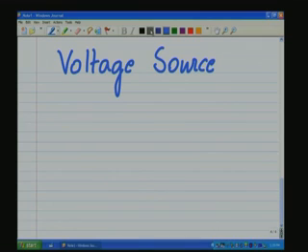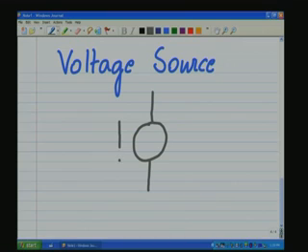The voltage source is symbolically represented by a circular symbol with two terminal leads coming out of it. It has an arrow pointing, I will just come to that, pointing in a manner as shown here.